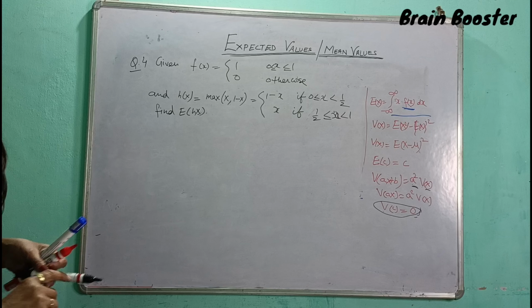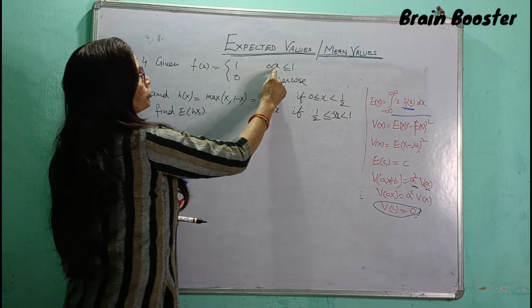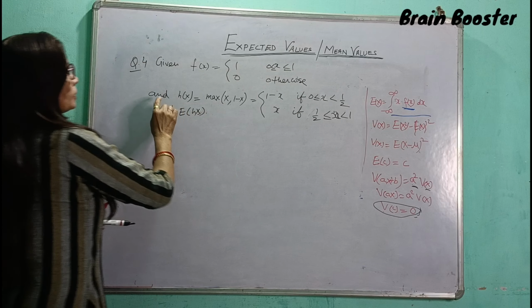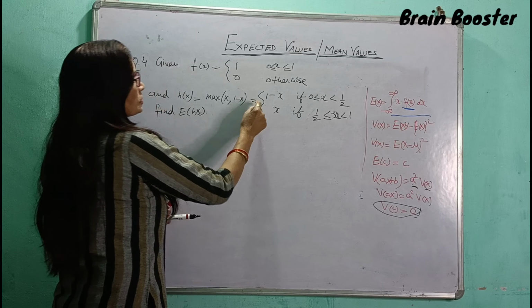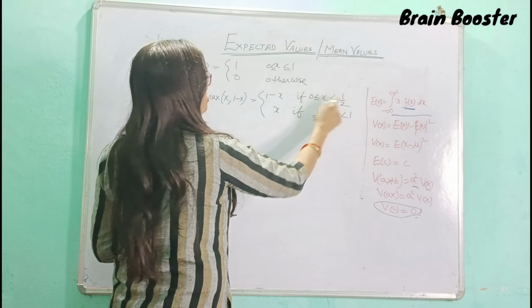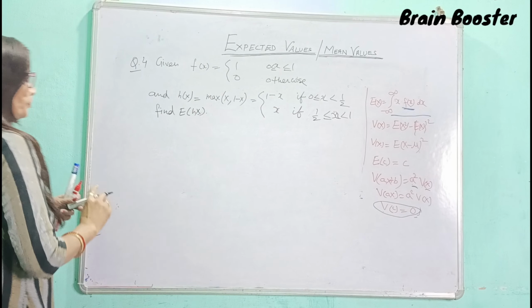Okay. Fourth question: given f(x), the PDF, is 1 for x between 0 and 1, 0 otherwise, and h(x) is given as maximum of x and 1 minus x. That is 1 minus x if x is between 0 and half, and x if x is between half and 1.